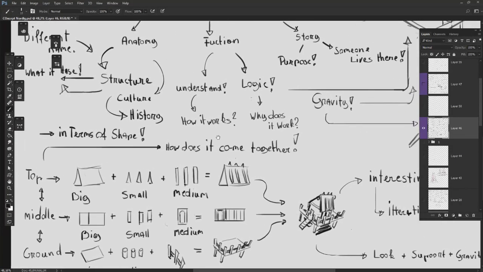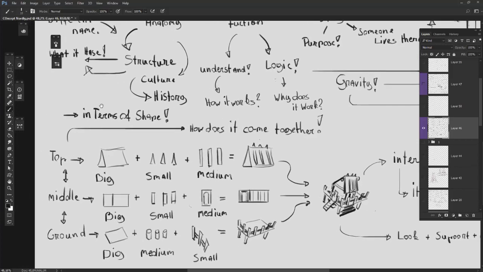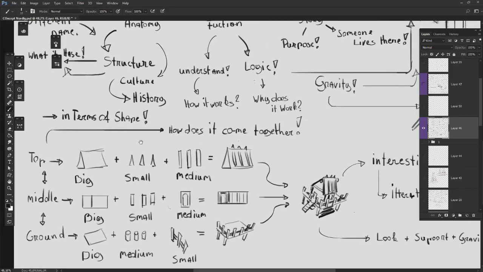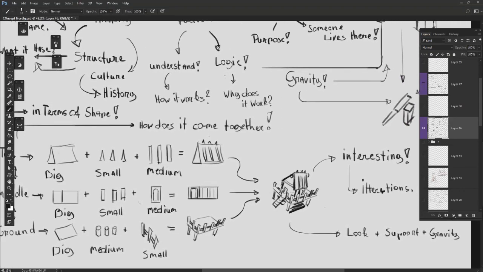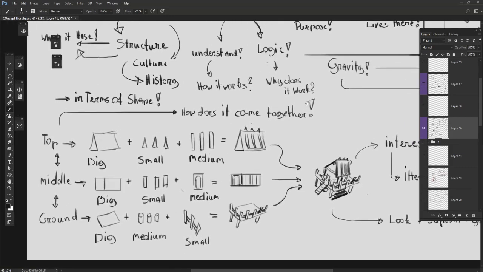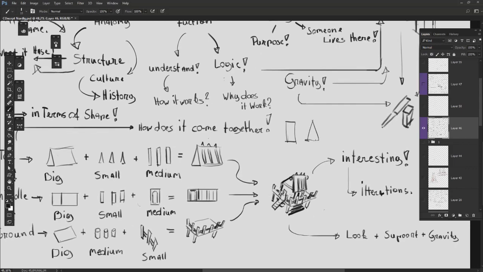So the next one is terms of shapes, or shape hierarchy. I call it sometimes shape hierarchy, because there are always three rules which come into the design. Even in shapes there are three rules, and always three shapes, but it splits itself into different parts.